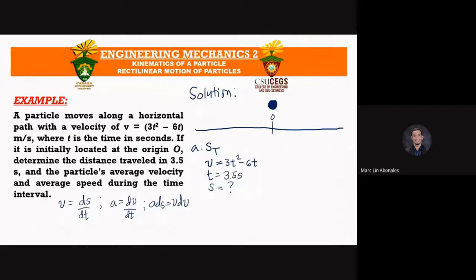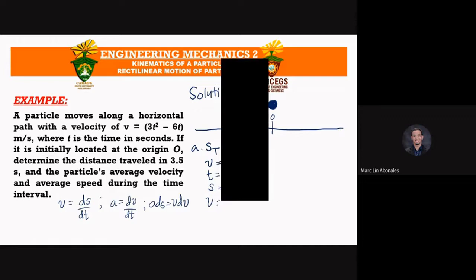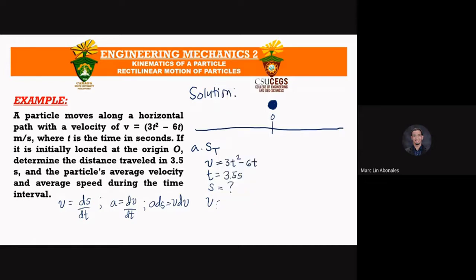First, okay. So it is the first kinematic equation, because the first kinematic equation describes these three variables, the v, t, and s. So we will use the first kinematic equation. So that would be v is equal to ds over dt.